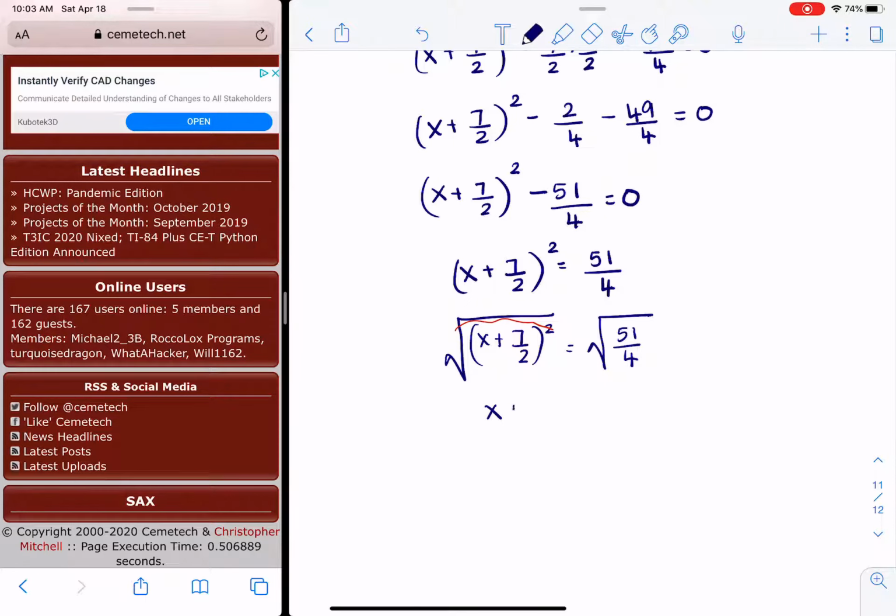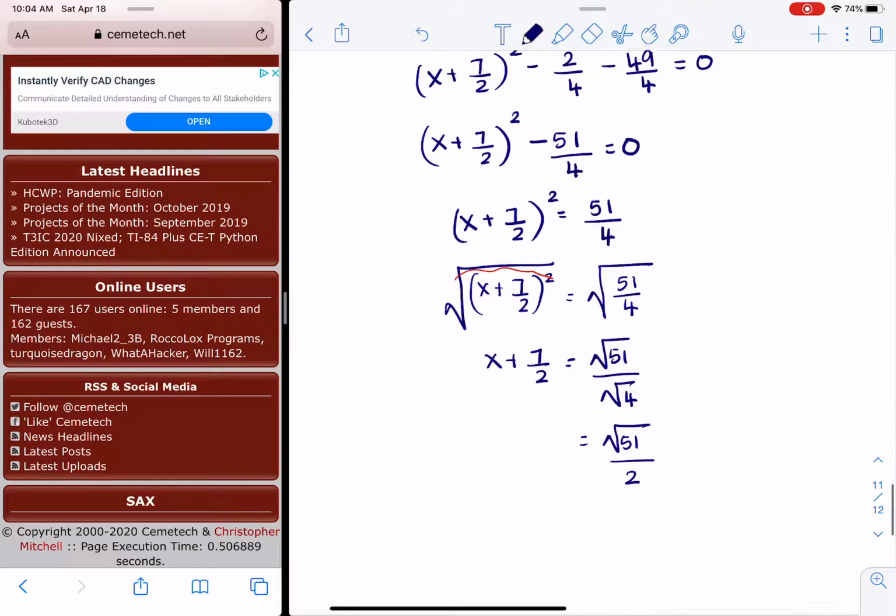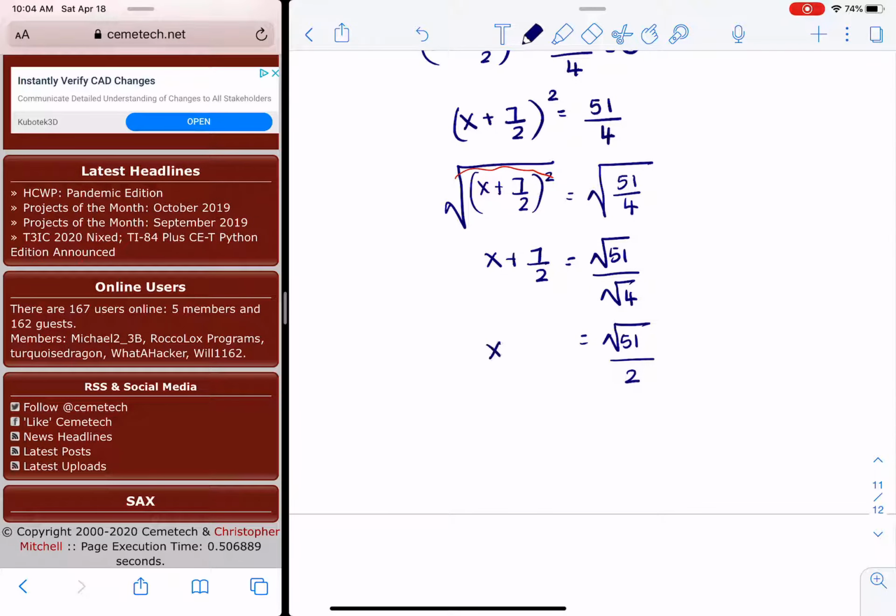We'll have x plus 7 over 2 equal to the square root of 51 over 4, which is square root of 51 divided by square root of 4, and that would be square root of 51 over 2. And of course we'd have a plus or minus.